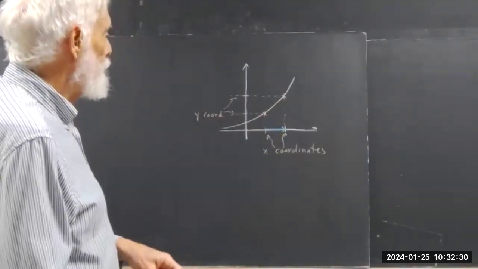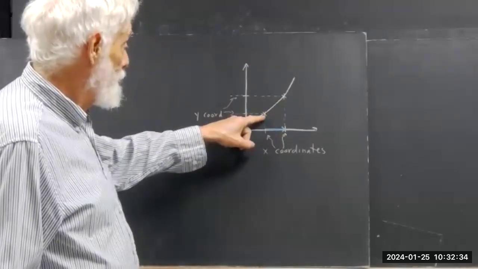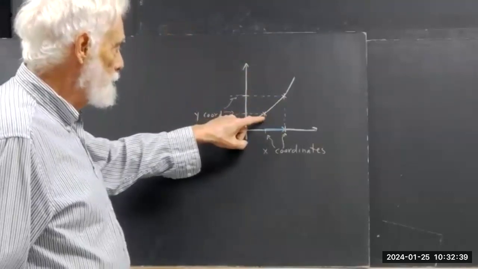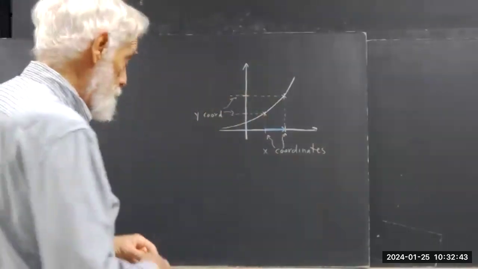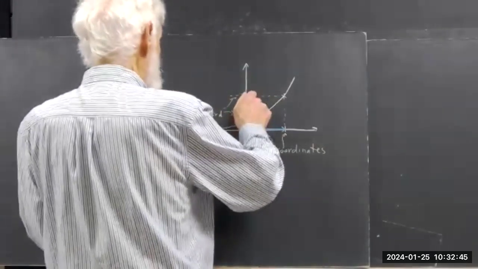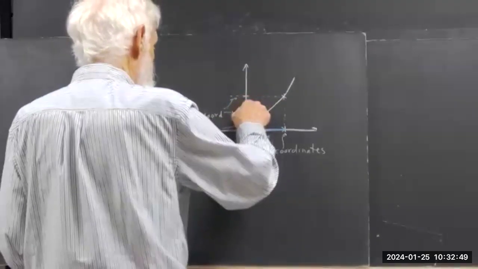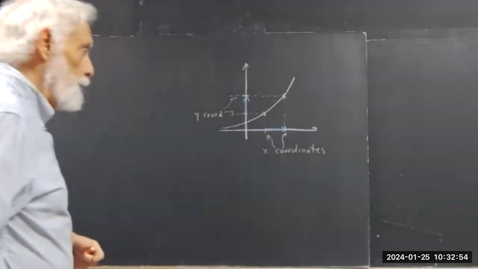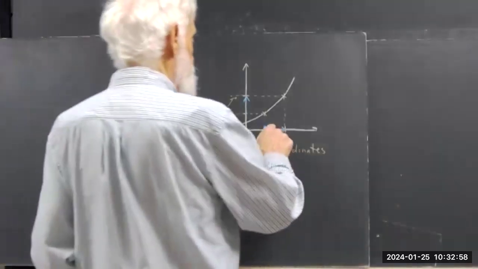Then I drew an arrow from the y coordinate of the point on the left to the y coordinate of the point on the right. Okay. In other words, this arrow represents the change in Y. So what I have is an arrow here.